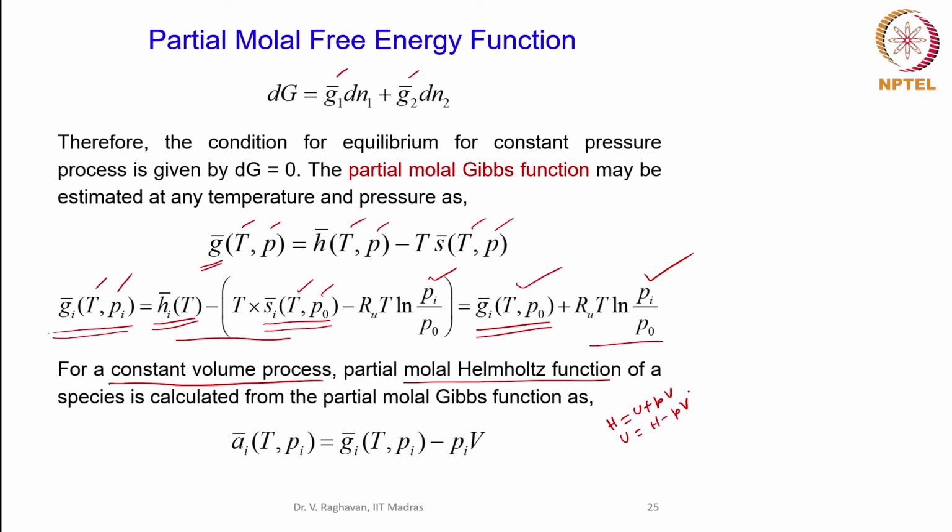Similar to that, I calculate the Helmholtz free energy, or Helmholtz function, as a function of Gibbs free energy and PV. So, I can write Ai, which is the molar Helmholtz free energy at a given temperature and partial pressure of the ith species, equal to the Gibbs function which I calculated above at a given temperature and partial pressure, minus Pi into V. For a constant volume process, this V is constant. So, we can calculate the Helmholtz free energy.